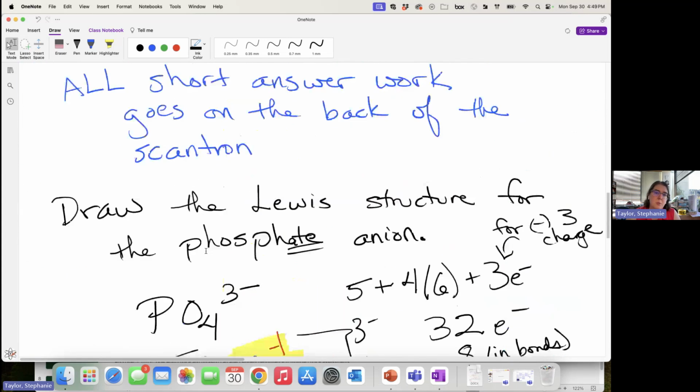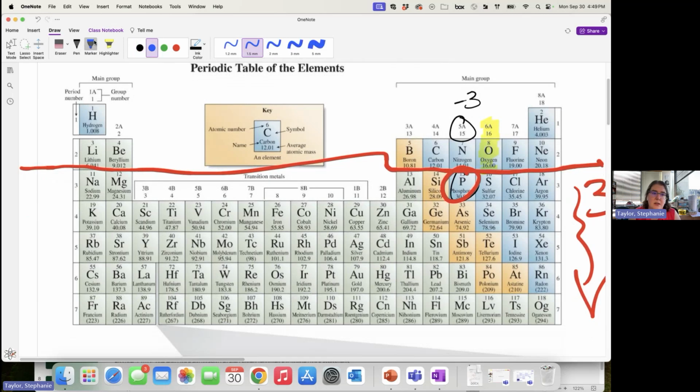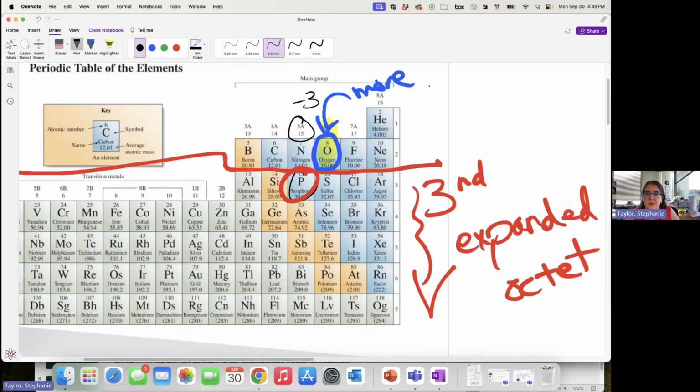To figure that out, we're going to go to a periodic table and basically look at which one's more electronegative. So I've got an oxygen here and a phosphorus down below. My oxygen is more electronegative. Oh, cannot write that very well, but that's more electronegative than phosphorus.